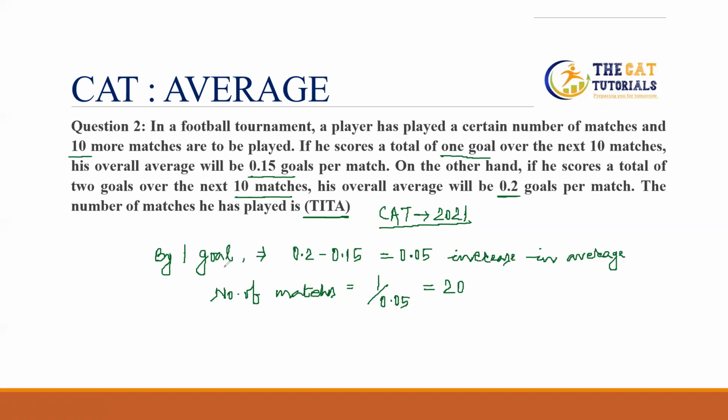The number of matches he has played is required. So if the required number of matches is X, 20 is the total number of matches, and we still have to play 10 matches. To find the number of matches he has already played, we take the difference of 20 and 10. The answer to your question is 10.